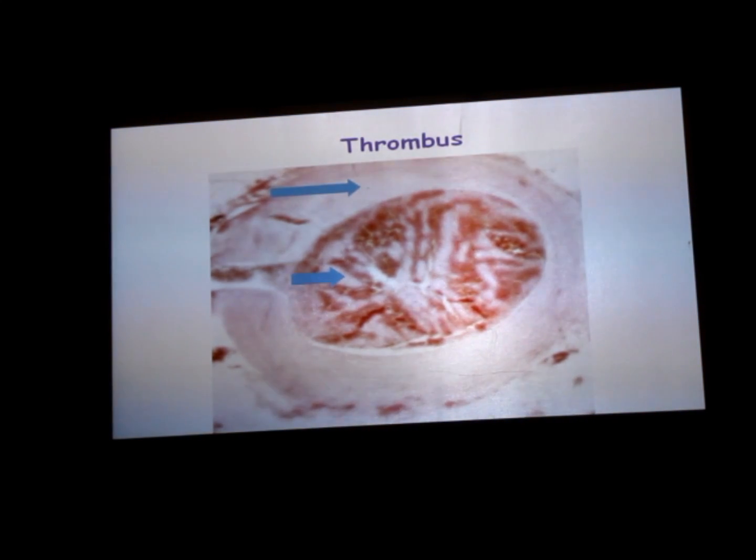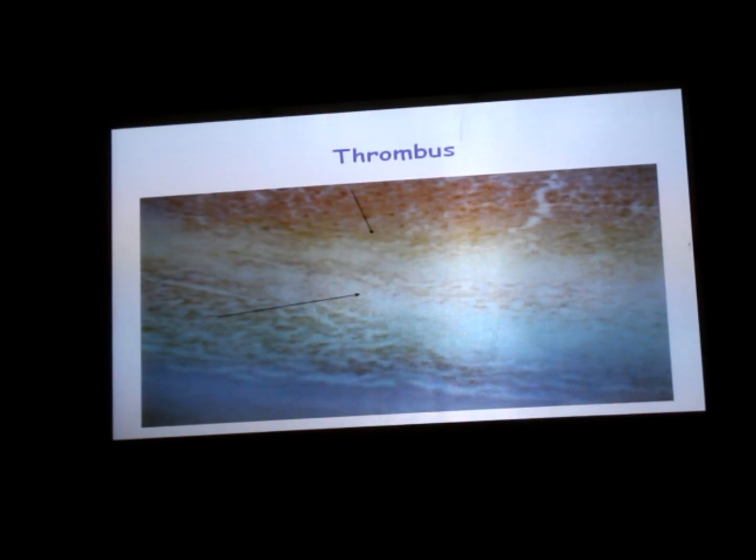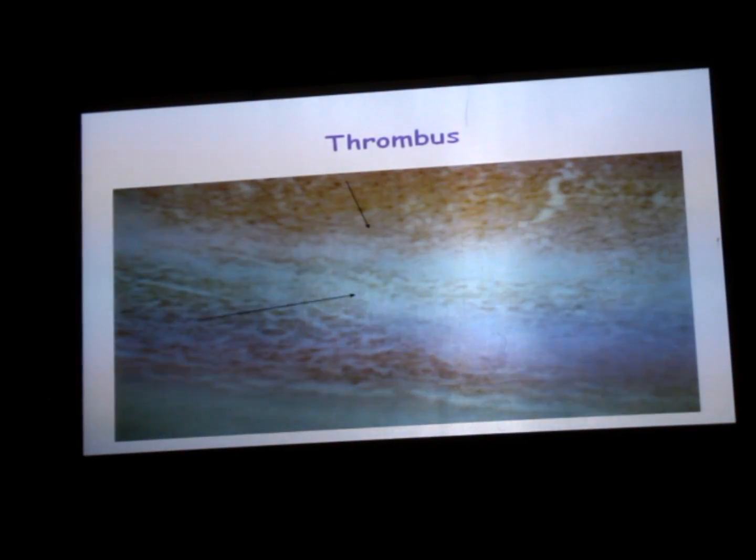So this is a slide of a thrombus. Inside the thrombus, you will find alternate pale and pink lines. Okay, pink lines will be there and pale lines will be there. These lines are because of presence of alternate platelets and alternate RBCs.